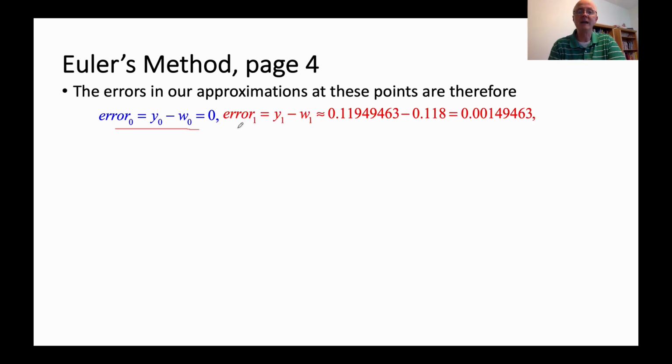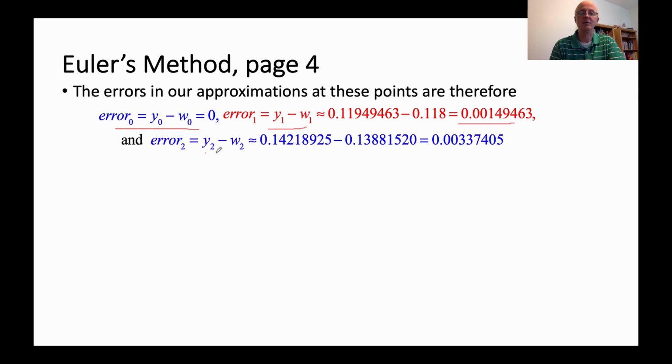The error after one step is y1 minus w1. This minus this is approximately this, 0.0015 approximately. And the error after two steps is y2 minus w2. Actual minus approximate is a bit bigger, but still pretty small, 0.00337405.